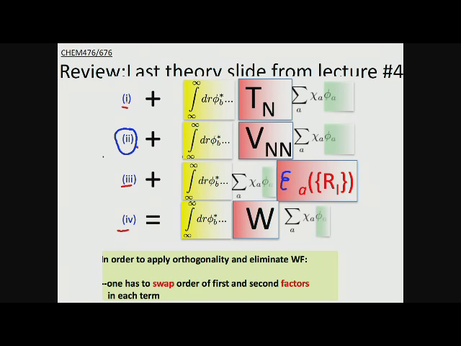So it is a slide that was last time on the slides, in terms of the overall molecular Hamiltonian, where everything that did relate to electrons is summarized in the third line.